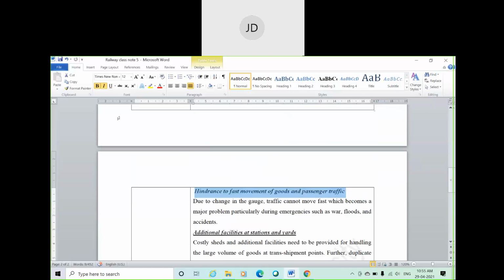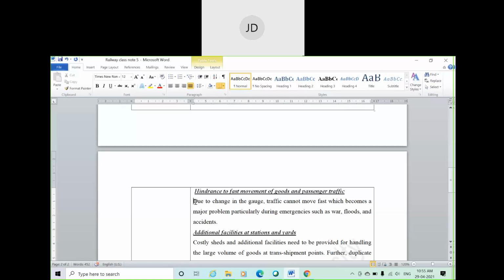Next, hindrance to fast movement of goods and passenger traffic. Let me underline it here. Due to the change of goods, traffic cannot move fast, which becomes a major problem, particularly during emergencies such as war, flood, and accidents.